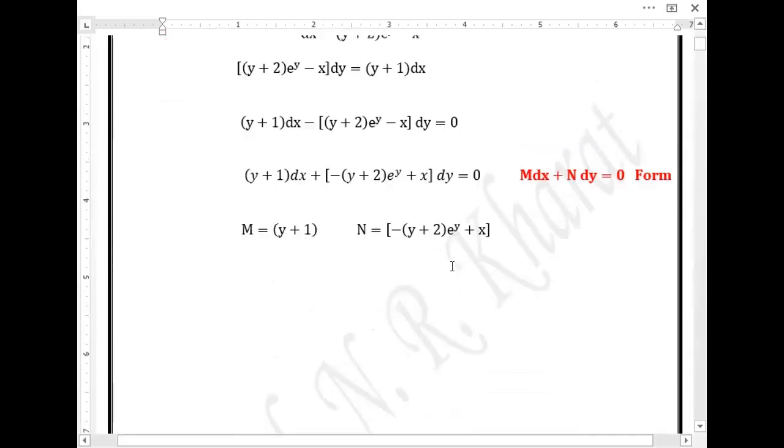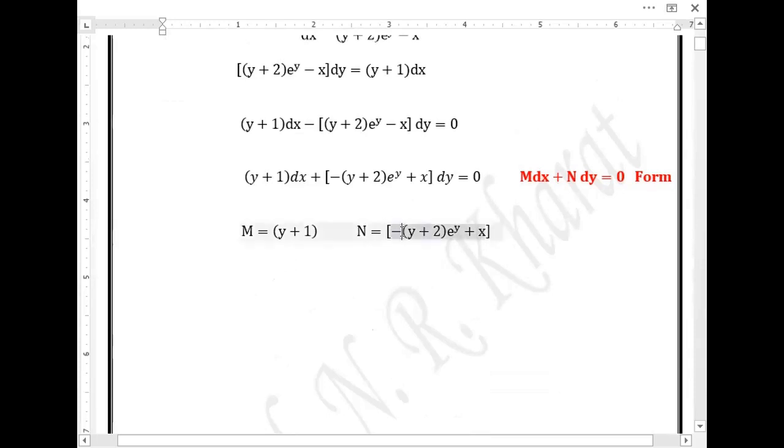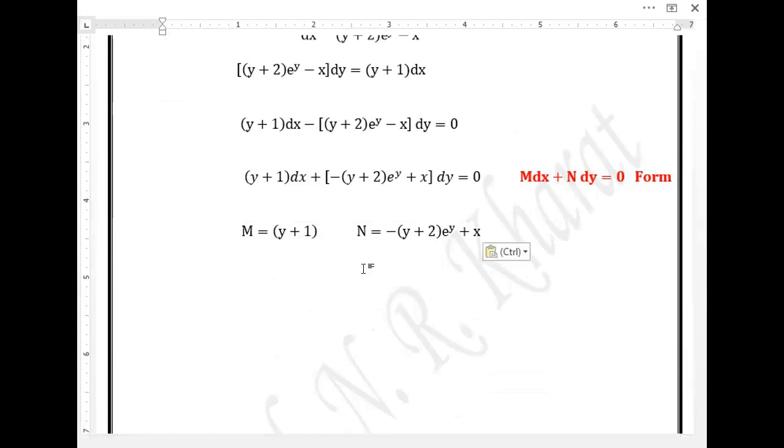This is the value of M and N. Now we have to differentiate M with respect to y and N with respect to x, and check whether both derivatives are equal or not. If they are equal, then the differential equation is exact. Otherwise, it is not exact.